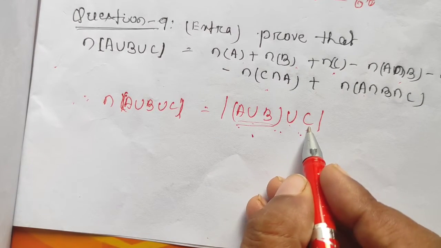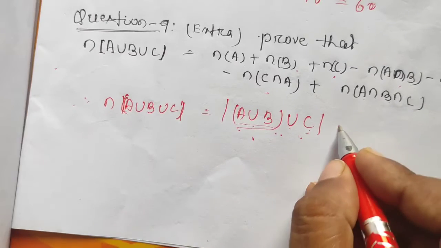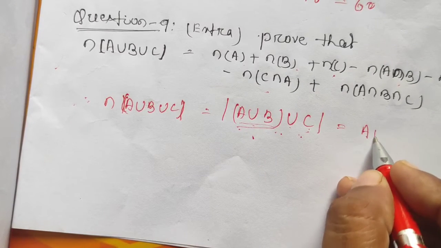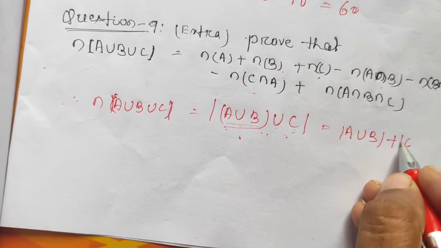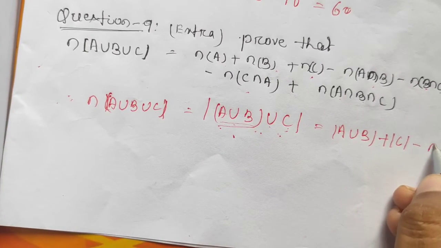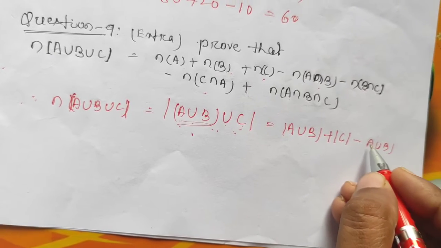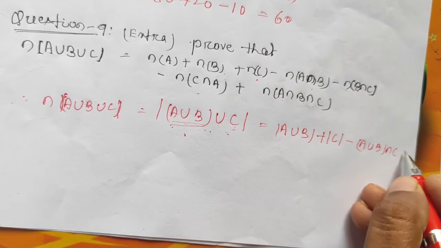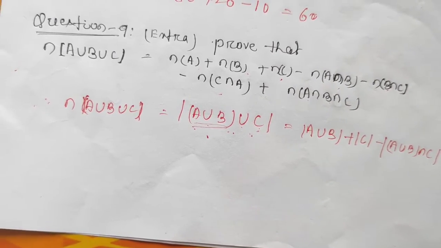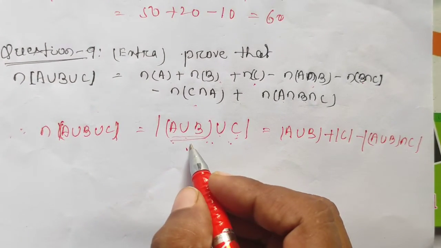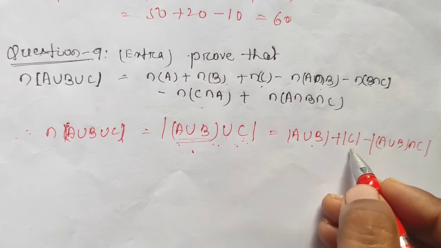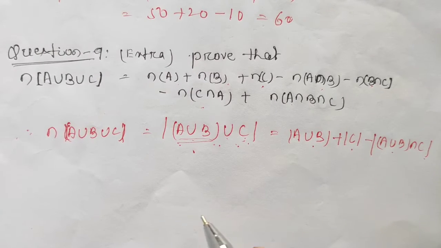A union C the mod is equal to A the mod plus B the mod minus A intersection B the mod. A union B union C the mod is equal to A union B taken as 1, union C. A the mod plus B the mod minus A intersection B the mod.